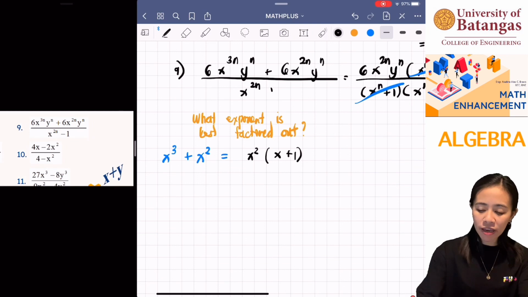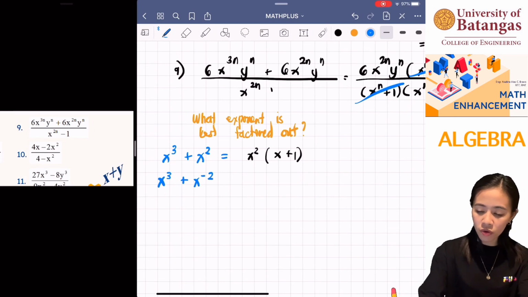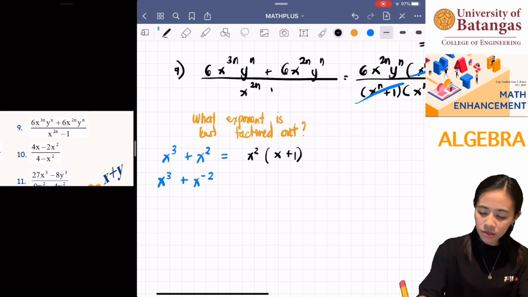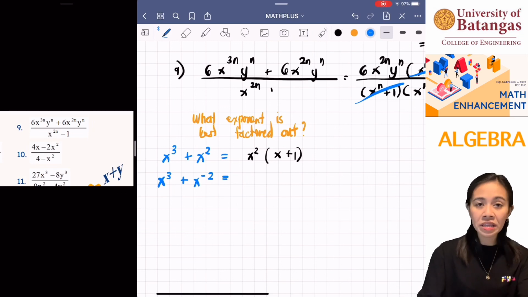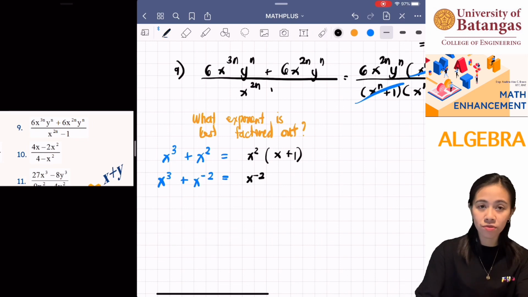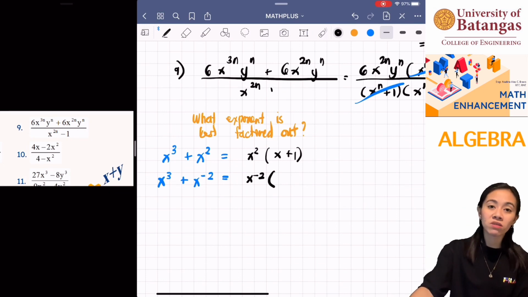Okay. Paano kung negative? Halimbawa, x cubed plus x raised to negative 2. What do we factor out? In this case, you're going to factor out the negative term, and that is x raised to negative 2. Because it will leave the remaining term still positive in exponent.